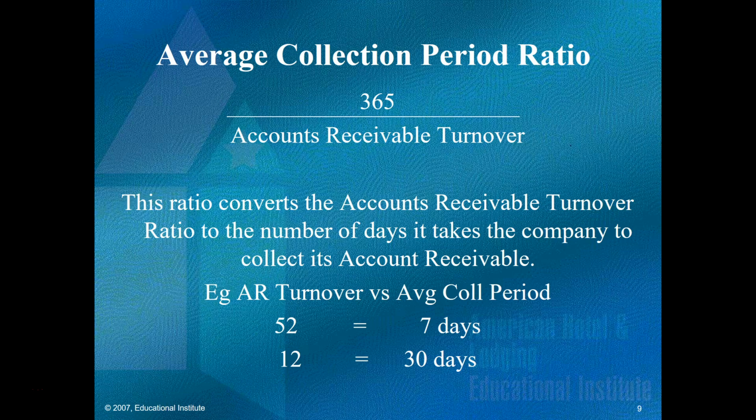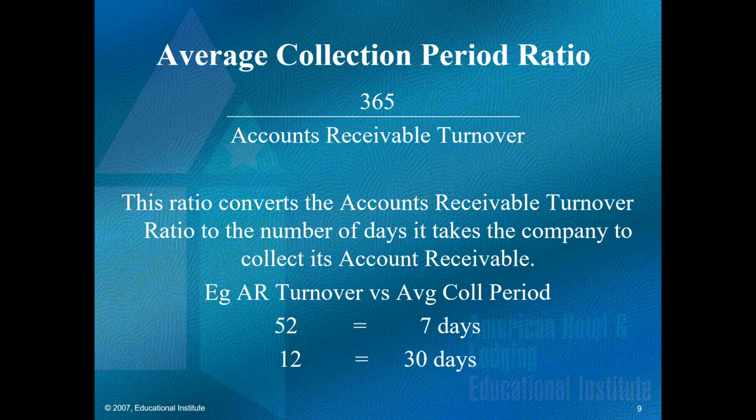One other thing to note here, when you're talking about the turnover ratio or the average collection period ratio, is depending on what your operating cycle is, 30 days is about the max that you want to do there, okay? Because if it goes over 30 days, that means that the folks that you're selling to are not paying you on a timely basis.